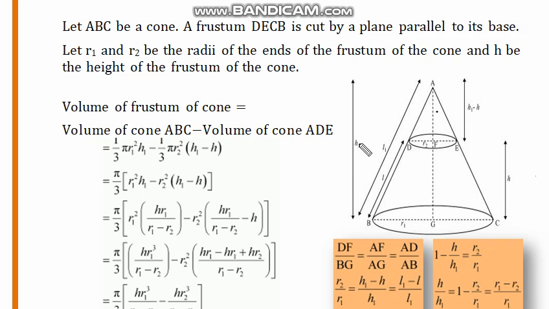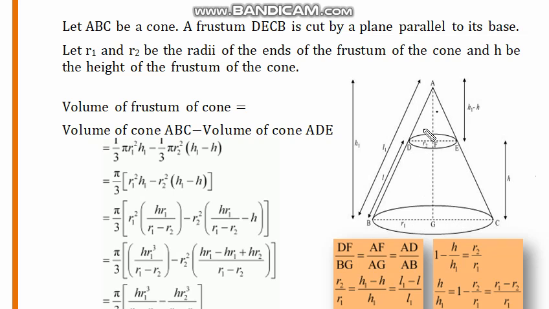Here we are going to use the similarity concept. Already you know that triangle ABG is similar to triangle ADF because they have the common angle A. Angle D and angle B are corresponding angles, and angle F and angle G are corresponding angles because DE is parallel to BC.